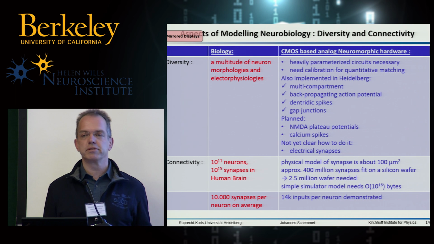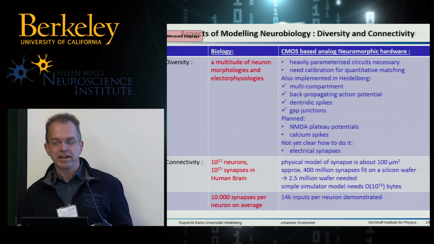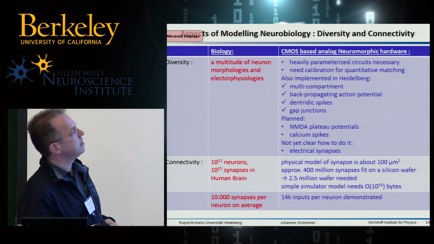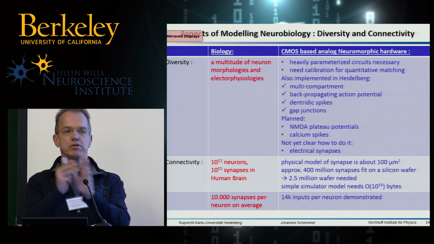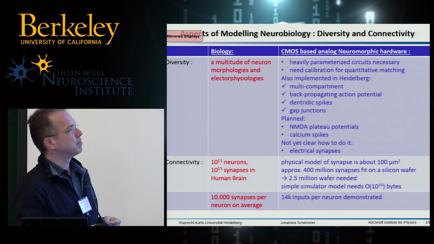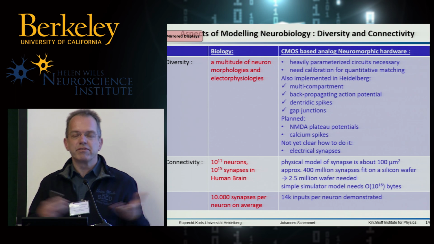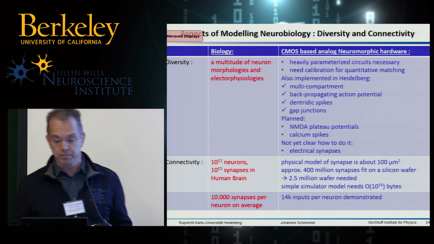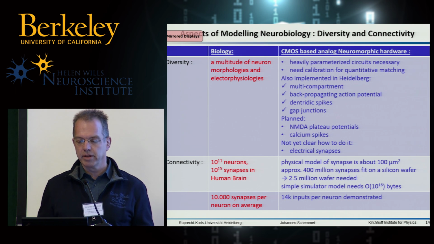If you have electrical synapses, you really need an analog connection between all the neurons. So gap junctions are easy because these are only connections from one soma to another, but for electrical synapses you really have to have a network of analog connections, so this is very complicated to build and calibrate.